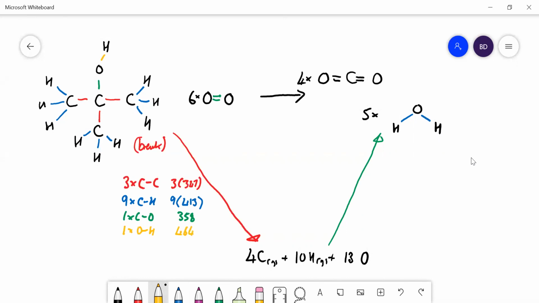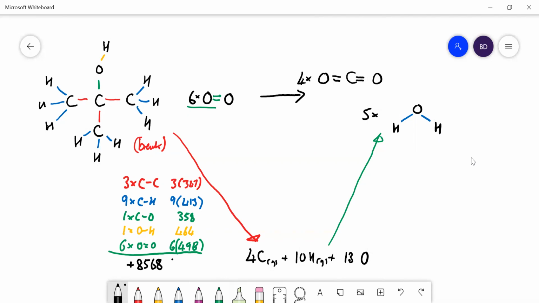And then finally, we have got 6 of the oxygen-oxygen double bonds, and they are 498 each. Add up that lot together, that will give us 8,568 kilojoules, okay? And that's going to be plus because we're breaking those bonds.